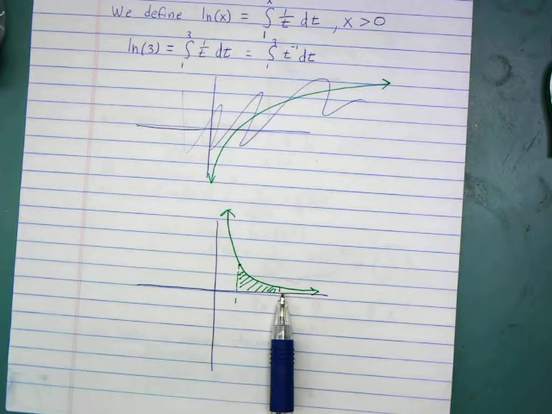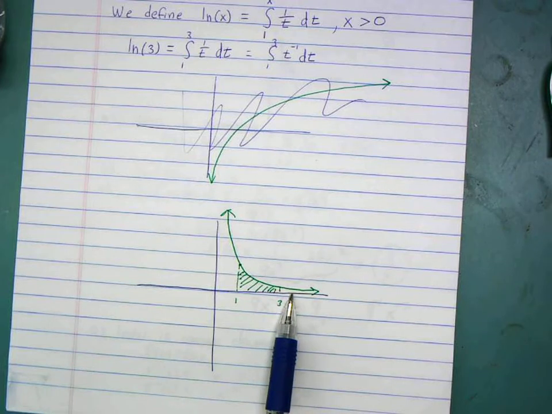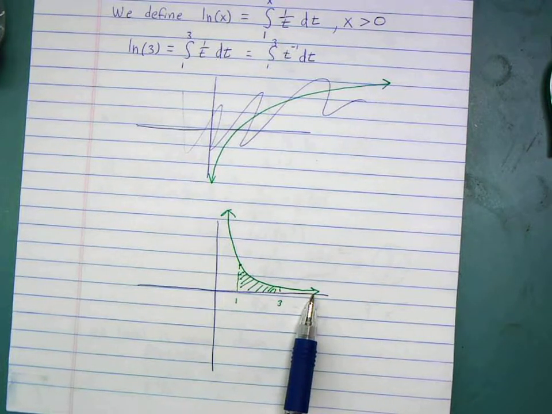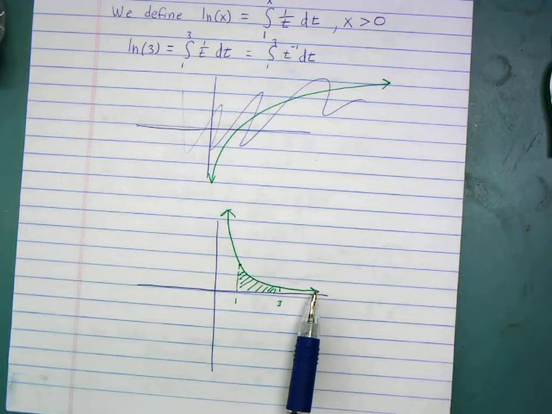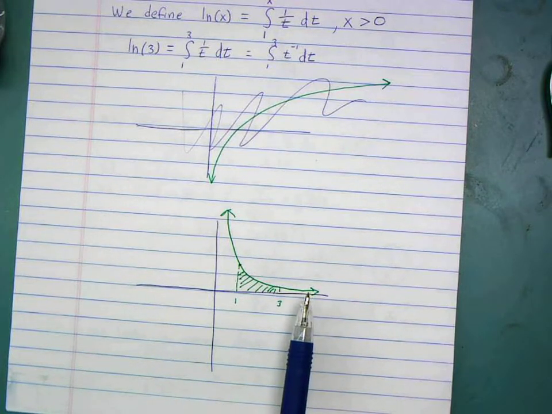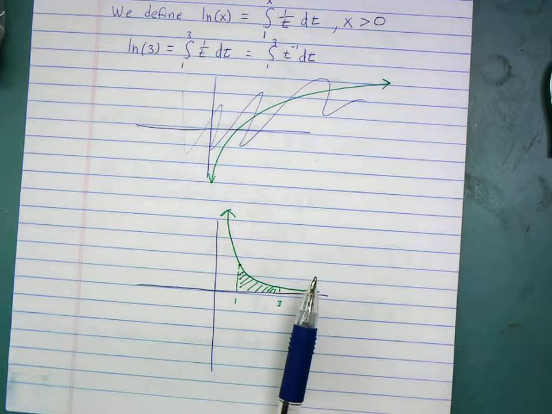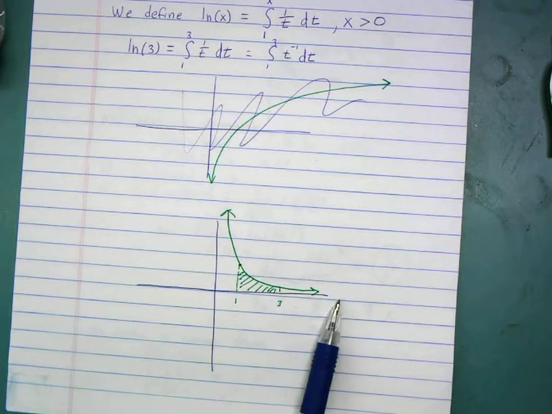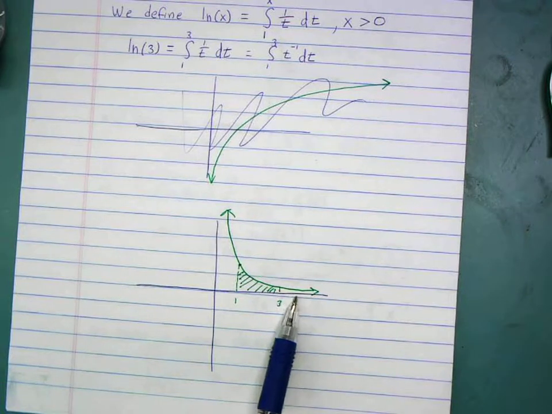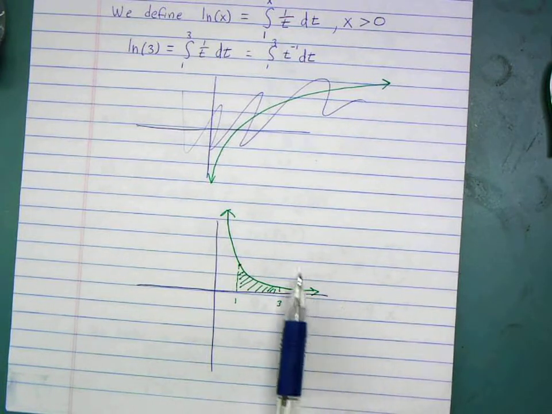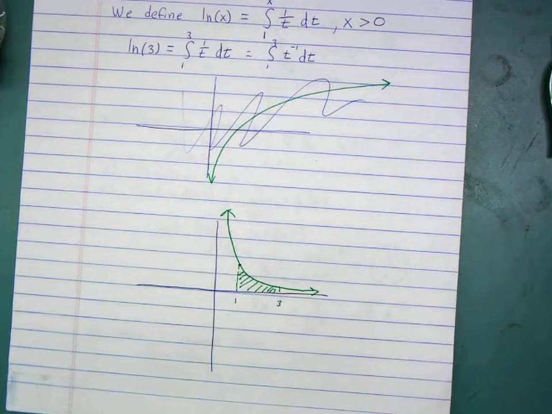The bigger x number that I pick, the more area I'm going to keep adding under this graph, aren't I? So if I want to get a y value of like 5,000, I don't know exactly which number I'd have to plug in. Pretty big number. Do you know what number you'd have to plug in to get 5,000? No? We'll talk about that. But I could do it, couldn't I? I could keep plugging in bigger and bigger numbers, adding more and more area until I got my area up to 5,000. I could make it work.